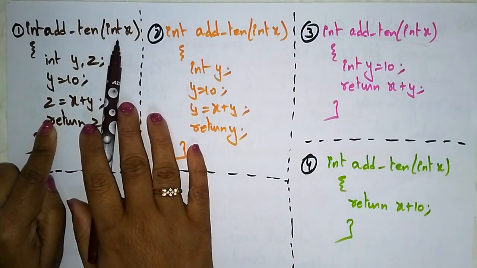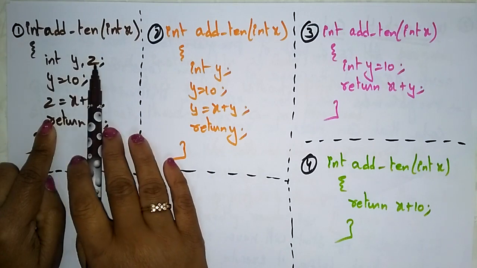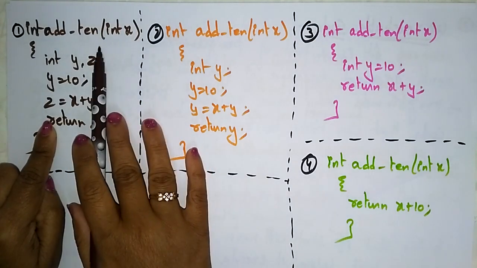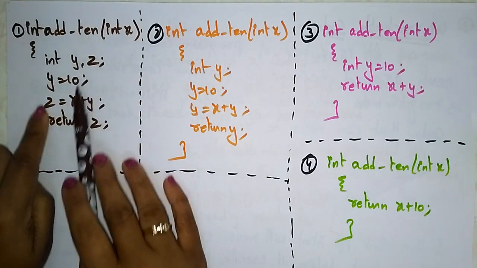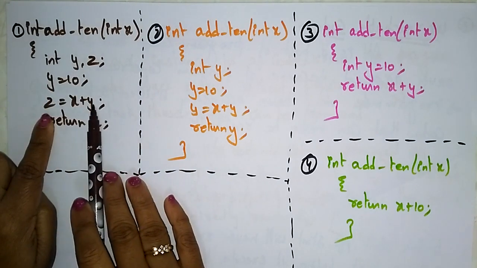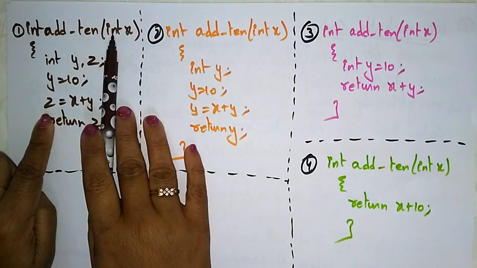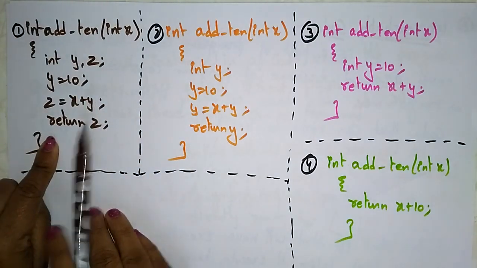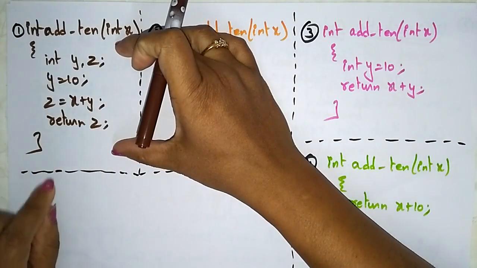I have taken the integer x as a variable, and integers y and z I declared. All three variables x, y, z are integers. I assign 10 to y, and I make z equal to x plus y. Then I return z. This is the source program I have written.